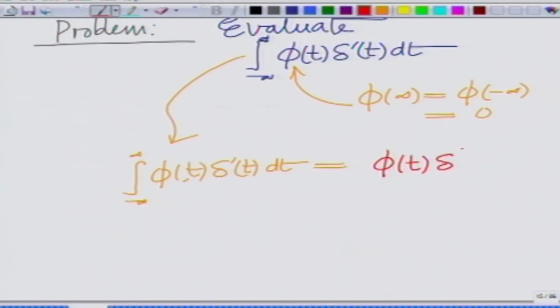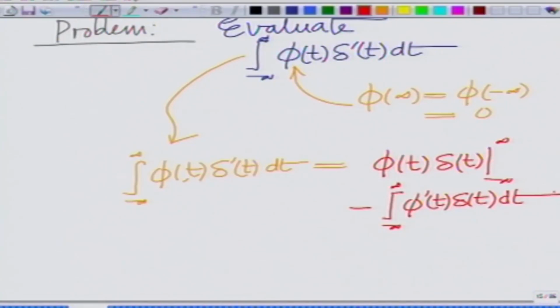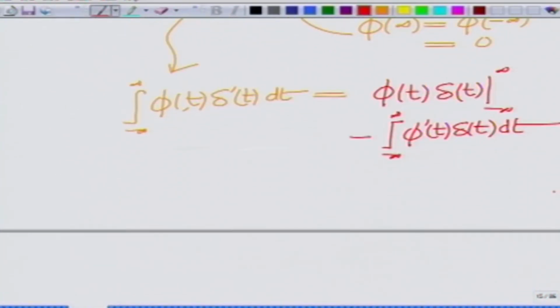That gives me phi of t delta of t between the limits minus infinity to infinity, minus the integral from minus infinity to infinity of the derivative, phi prime of t, that is the derivative of phi of t, into delta t dt.